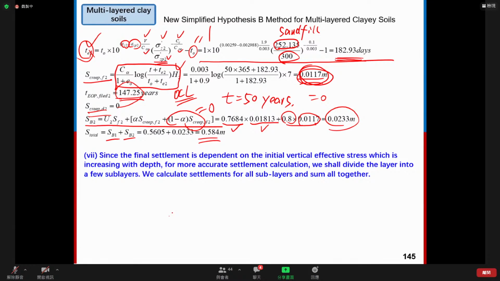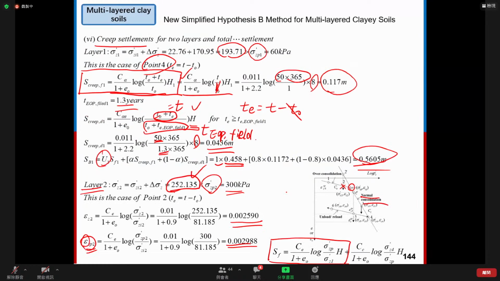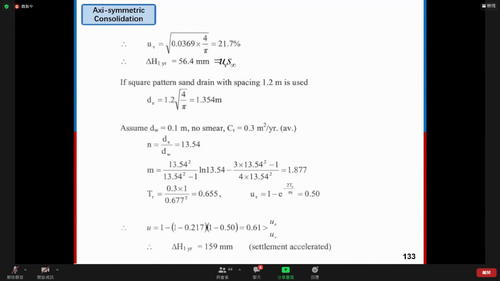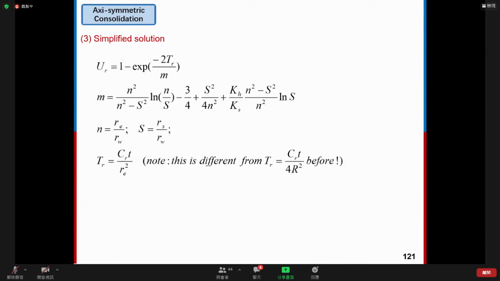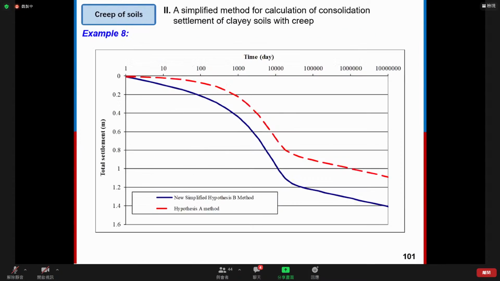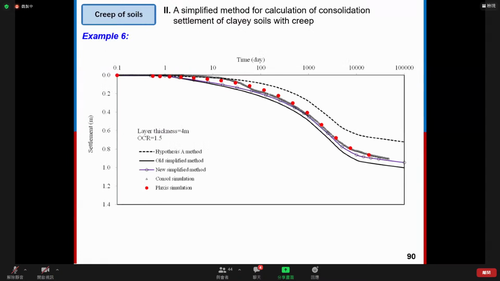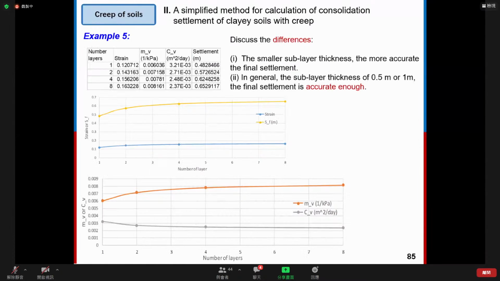The final settlement will gradually approach a stable value, like what we discussed in an example, maybe example 4, I'm not quite sure, I guess example 5 here.